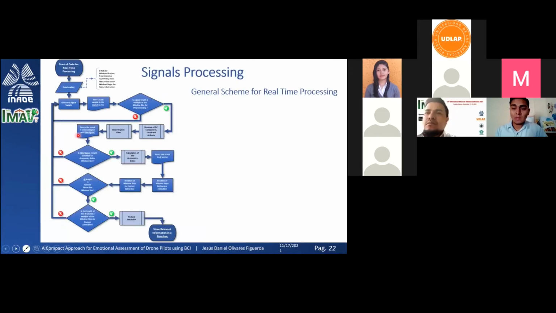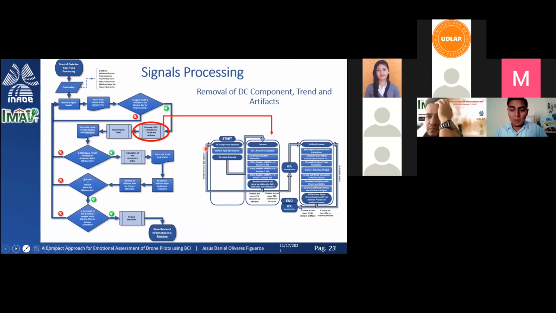This is the general scheme of the simulation of the real-time processing of the signals obtained from the database. The algorithm captures each sample of the signals, and once the vector reaches a certain length, it begins to remove the DC component, the trend, and the artifacts.